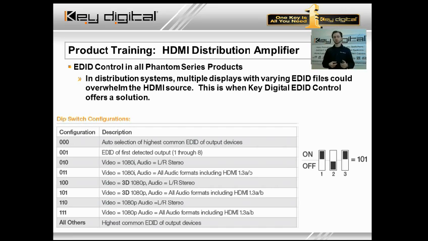What Key Digital HDDA 1x2, 1x3, 1x4, 1x8 products are able to do out of the box is you power on your displays, and this is typical of your initial setup. Key Digital will pull each and every one of those display devices or output devices that are connected. It pulls those devices for their EDID information, just as if it were a one-to-one scenario, except the Key Digital HDMI distribution amplifier is the source.